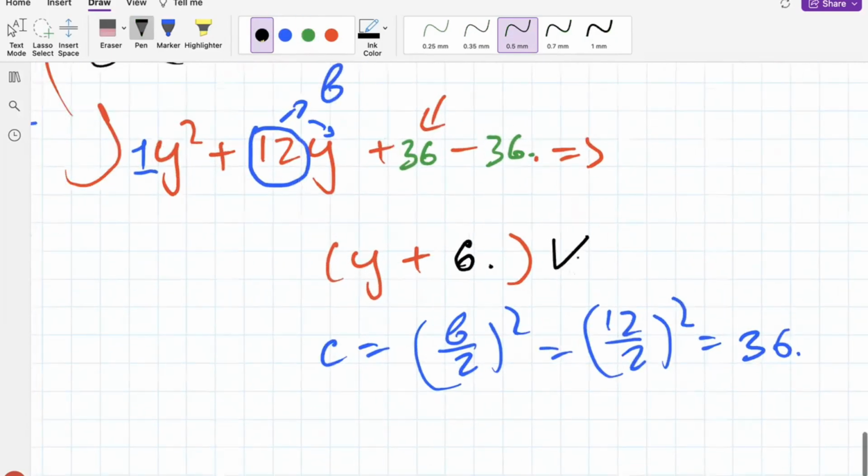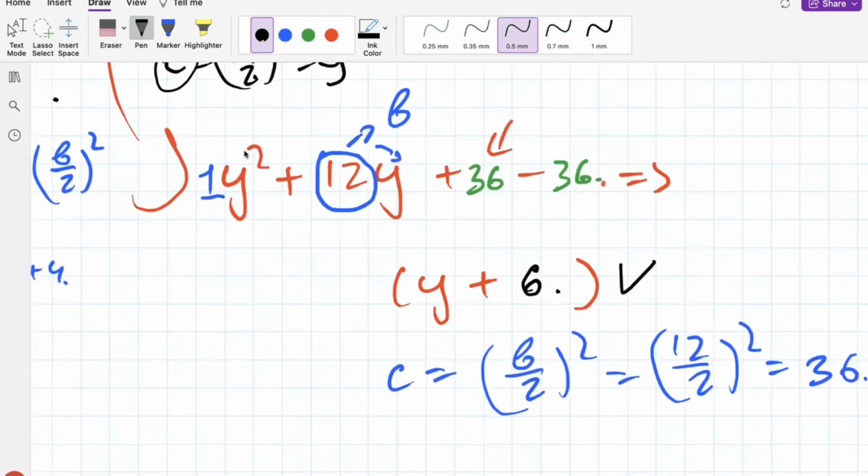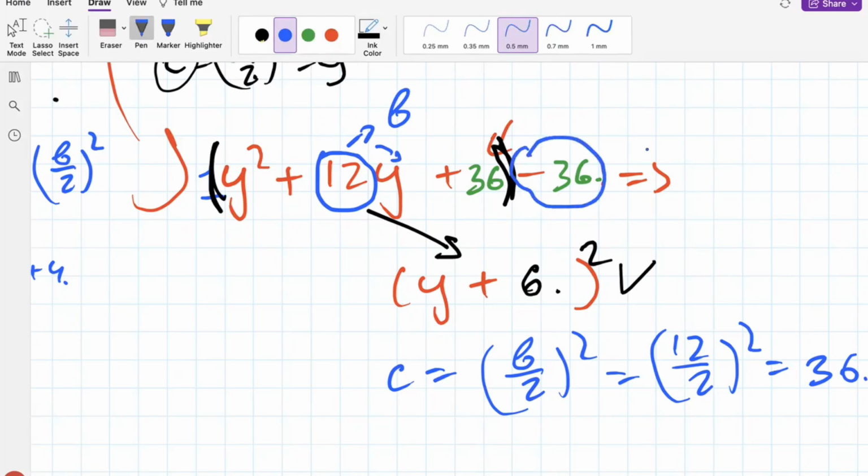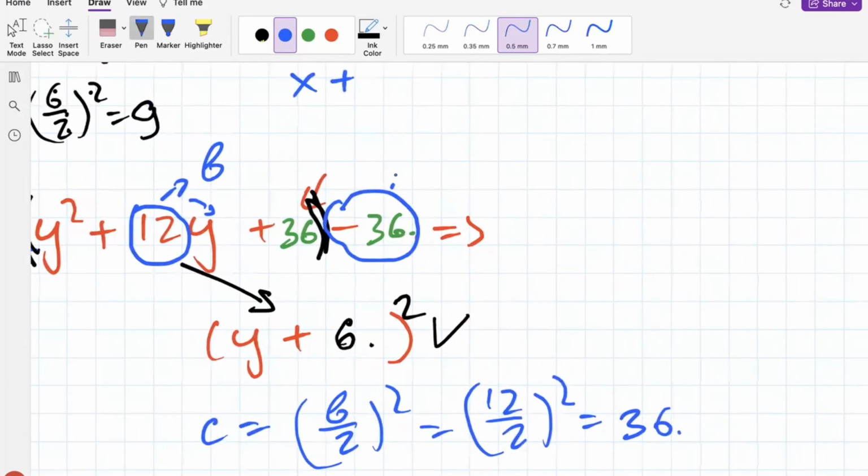This is the answer. Okay, guys, anytime you find which c you have to add, you'll use this one and transform it to this one. But you're left with this part, minus 36. What you have to do here is transfer it to the right part. On the right part, where you have r, usually you have your equations.